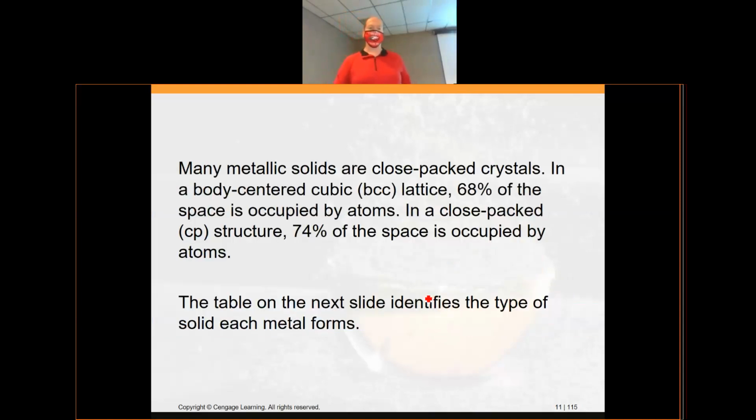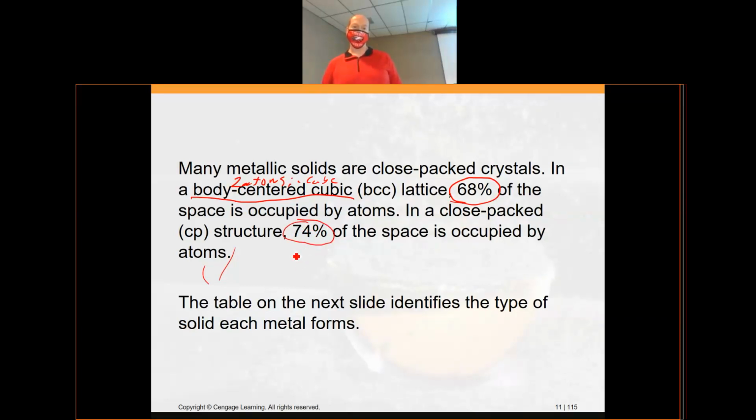All right, so if you are body-centered, you're going to have 68% of your cube occupied by atoms. Remember, body-centered, you have 2 atoms in the cube. When you do a cubic closed packed structure, this is going to be the face-centered.